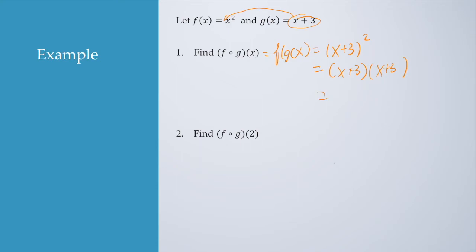That gives me x squared plus 3x plus 3x plus 9, which is x squared plus 6x plus 9. Next, I want to find f composed with g of 2. So I'm going to take f of g of 2. That's going to be f of 2 plus 3, which is f of 5, which is 5 squared, which is 25.